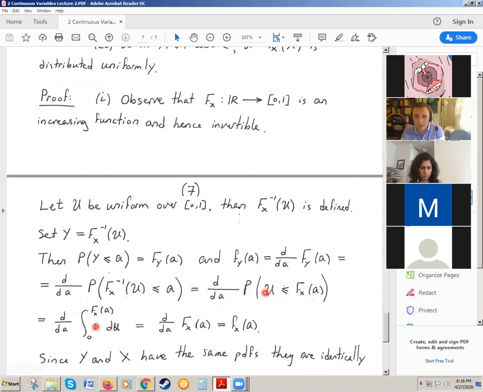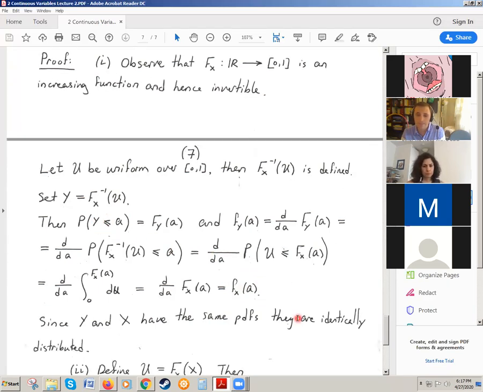You see the density here is 1, which if I integrate, it just amounts to the cumulative distribution of x. And when I take the derivative, I have the density function of x. So y at any point a has the same density function, which means that mathematically they are the same. Y and x have the same probability density function, so they are identically distributed.